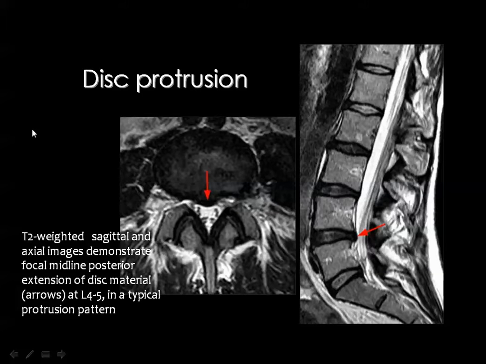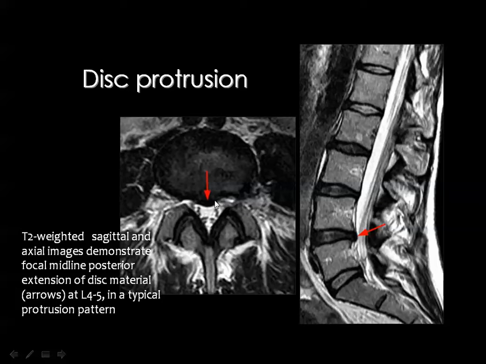And there is another way to assess for disc protrusion. If you look at this disc and you know that this disc is extending inside the spinal canal, it may be bulge or herniation. Then you go to the axial image and you see that the disc is focal, meaning that it may be protrusion or may be herniation. If it is more than 2 millimeters, it will be herniation.